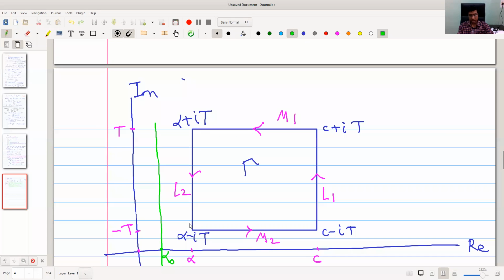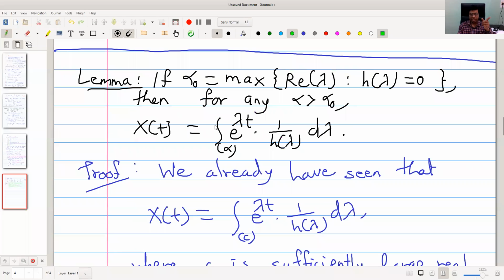But what is the integral along L2? It is from alpha plus iT to alpha minus iT. So we can put a minus sign and write it as from alpha minus iT to alpha plus iT. So it is nothing but minus this integral. So what we are going to show is this integral minus this integral equal to 0, which means this is the same as this, and this is what we want to prove.